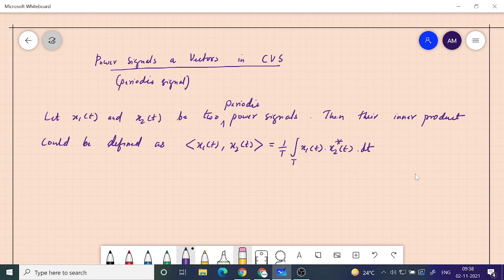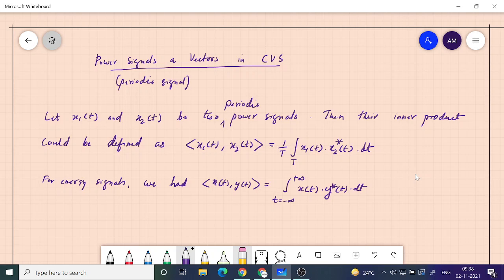So their inner product could be defined as so. If you look at the definition of the inner product for energy signals, we had x of t, y of t, defined as t going from minus infinity to plus infinity, first function into the conjugate of the second, so here x of t into y star of t dt.